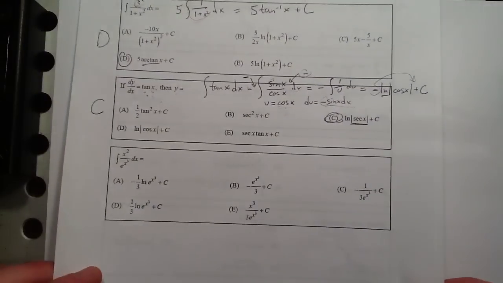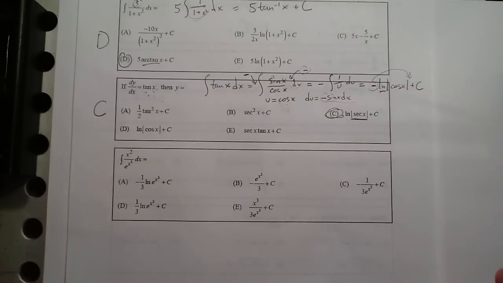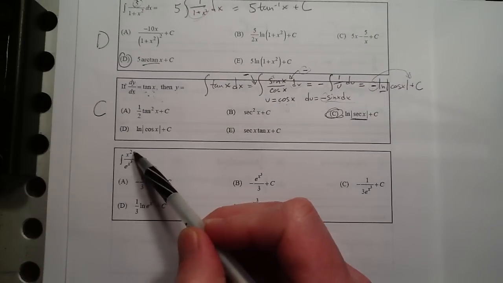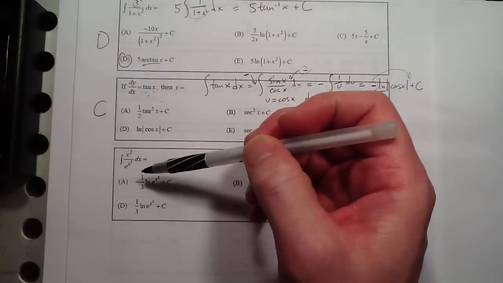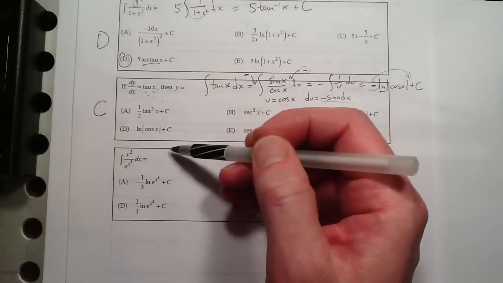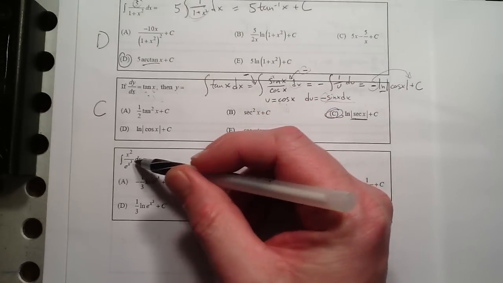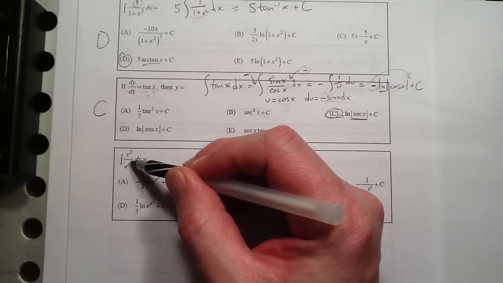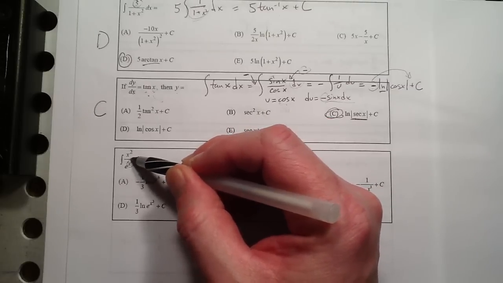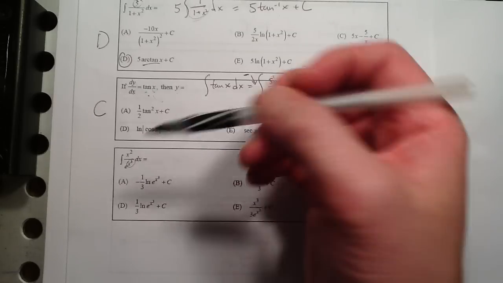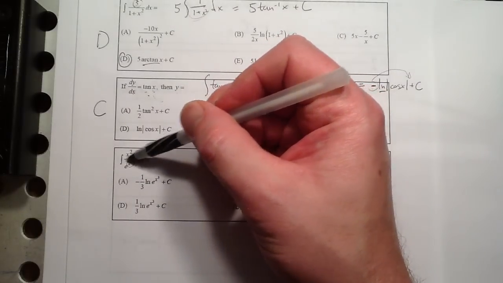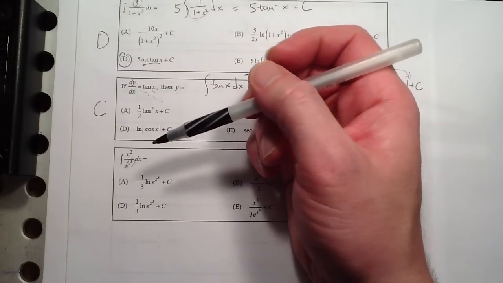Okay, now into the U-substitution problems. So, looking at this, when you're trying to do a U-substitution, you have to pick a u where it looks like your du, the derivative of that, shows up somewhere. So, x cubed is a good choice because the derivative of that is 3x squared, and I've got the x squared up there.